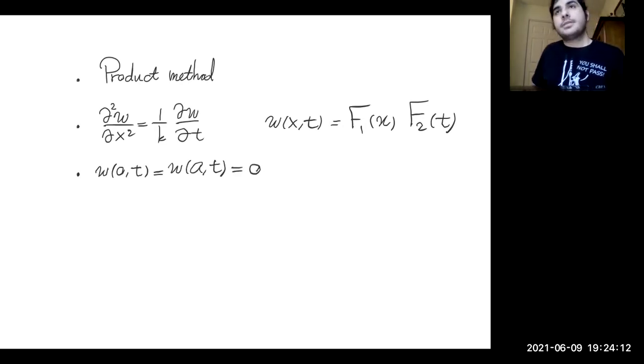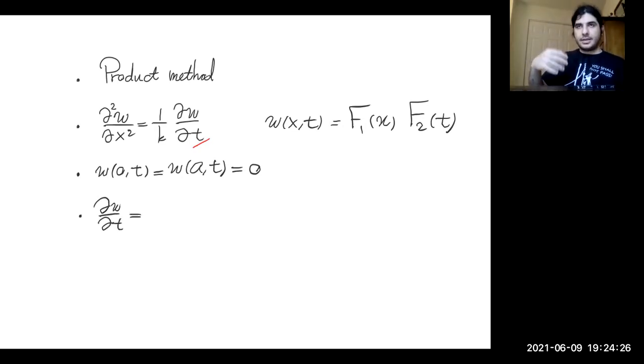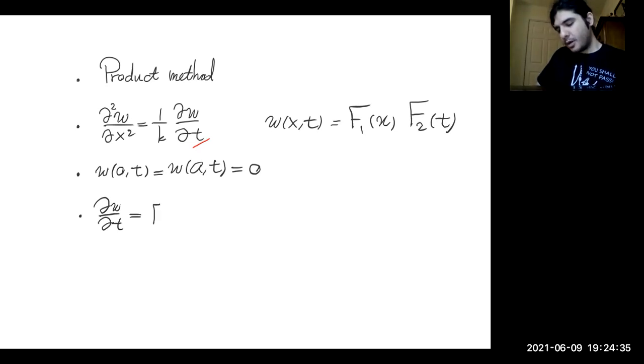Okay, let's start. Here in our equation, we have the derivative of w with respect to t. So we are going to compute that. As we know, f1 is just a function of x, there is no t. So when we take the derivative with respect to t, we regard f1 as a constant. So it would be f1 of x times the derivative of f2 with respect to t.